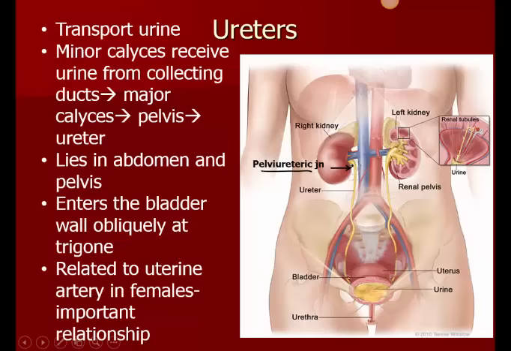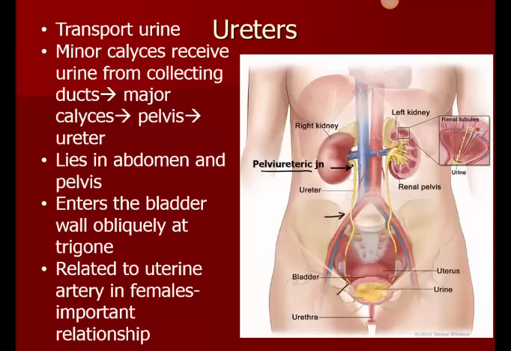This oblique passage is very important for the ureter. In fact, there are three areas where the ureter is normally constricted. One is at the pelvi-ureteric junction, where the pelvis becomes the ureter. The second is where it crosses the pelvic brim, which is a bit constricted.